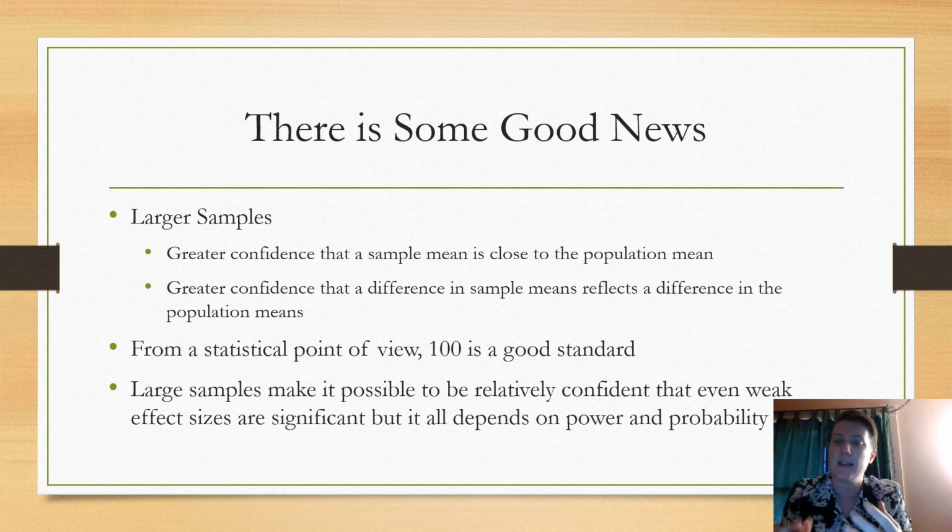So if we retain the null hypothesis and we have large sample sizes, that's saying we're really not seeing any difference in this population. This is really what the population represents. There's nothing here. And then the opposite is true. When we reject the null hypothesis with large sample sizes, that's also providing us the confidence to say, hey, the means that we have really do reflect a difference in the population means.